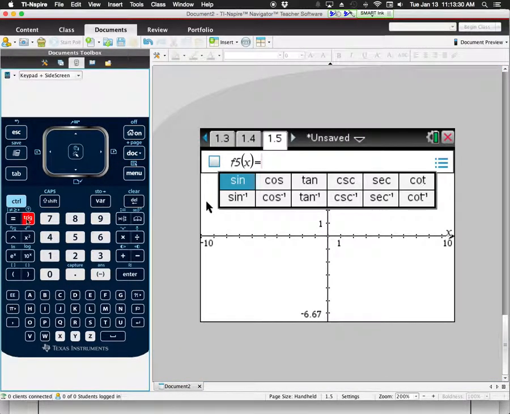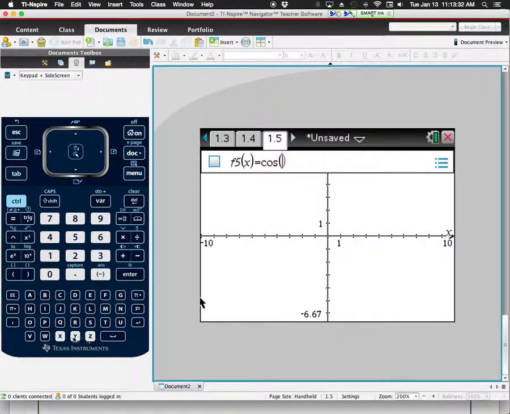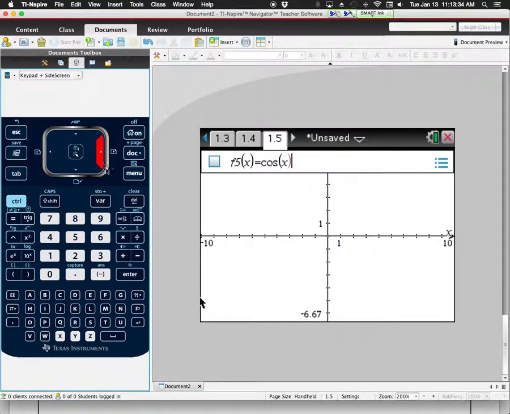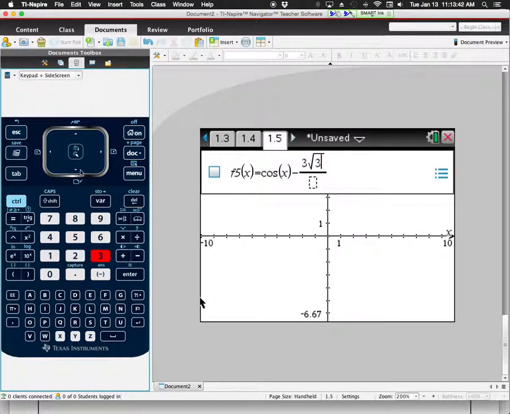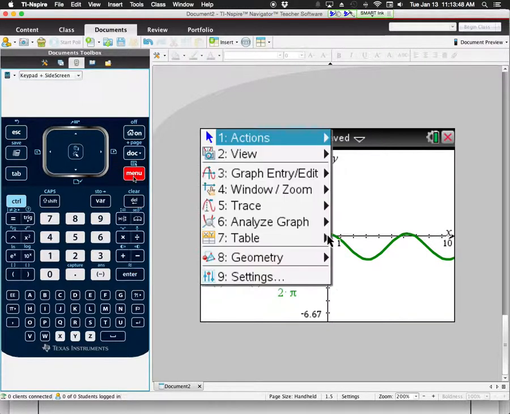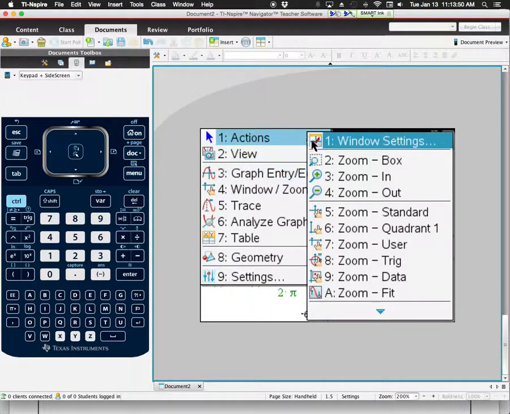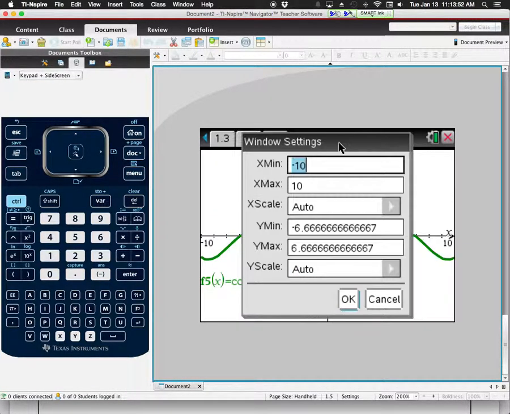Alright, so we had cosine of x minus 3 square root of 3 over 2 pi. Press enter. Menu. What are my window settings?